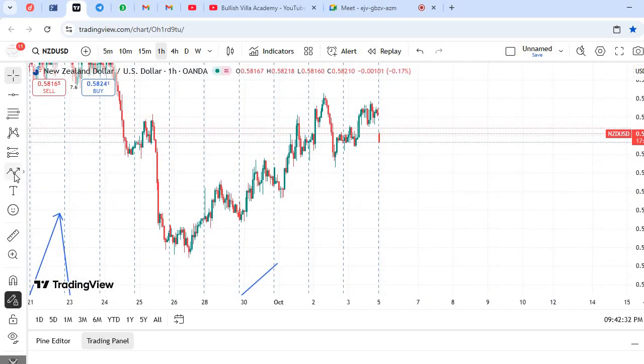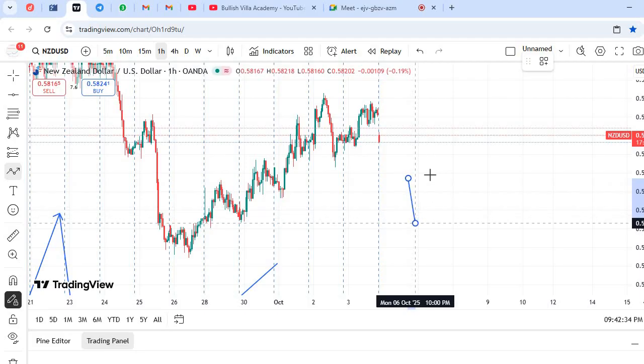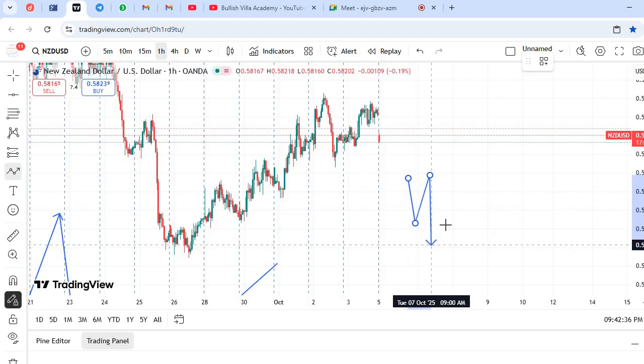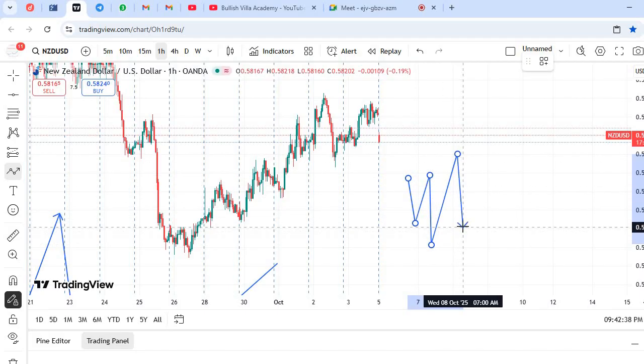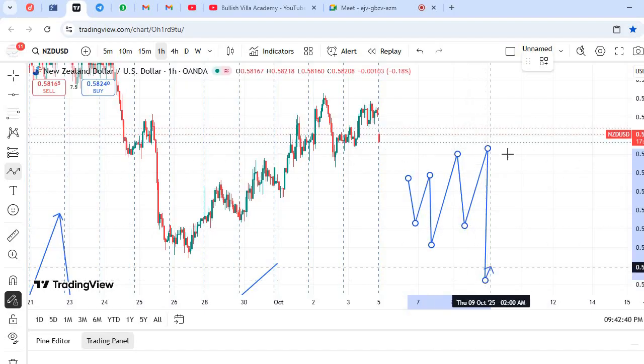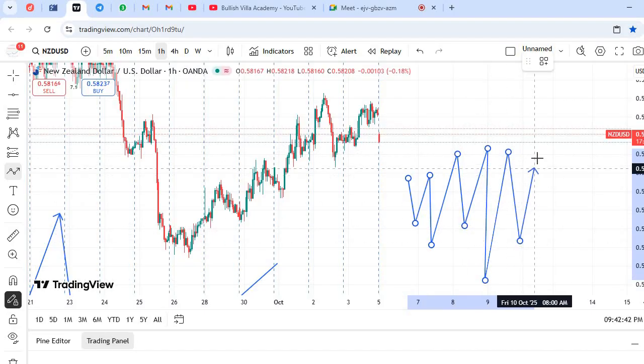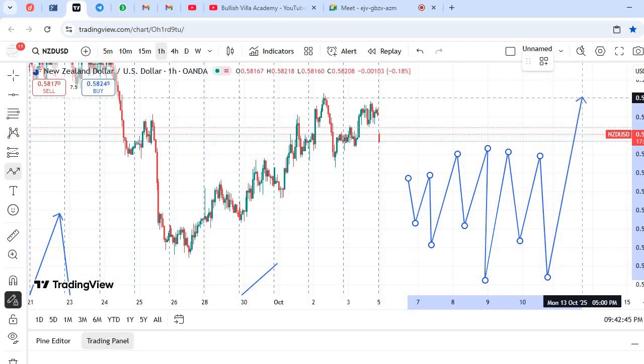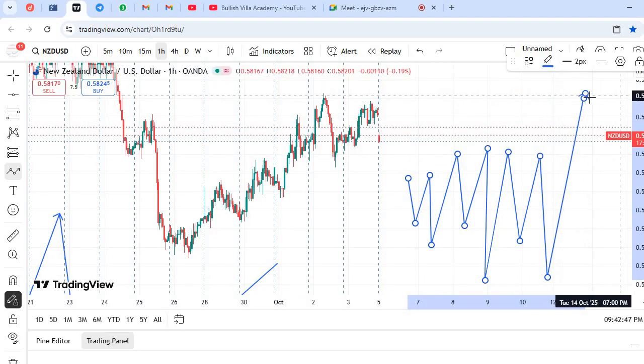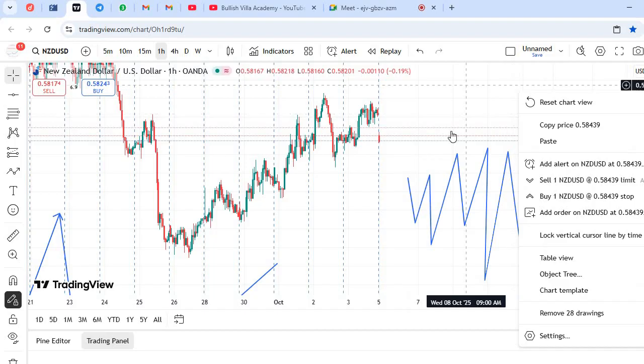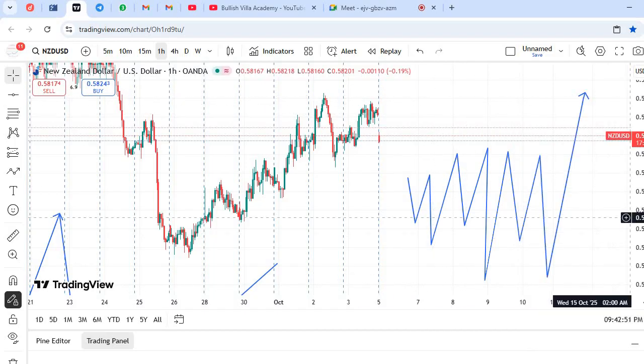What price is always doing is that price will create liquidity, come back, grab it, and move. That's what price does. So wherever there's liquidity, that's where price will go. Liquidity is where there's money in the market.